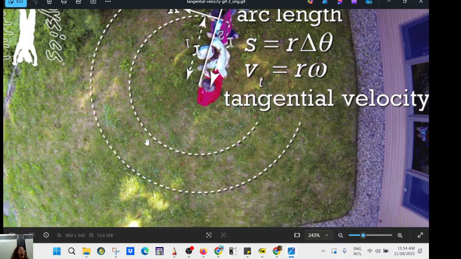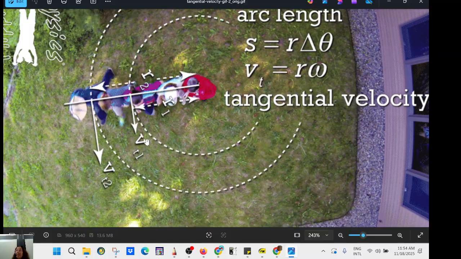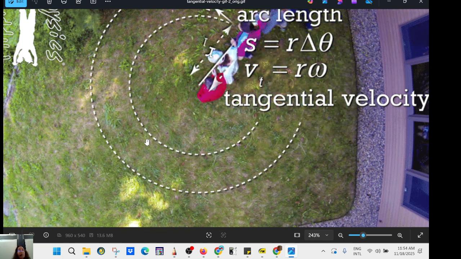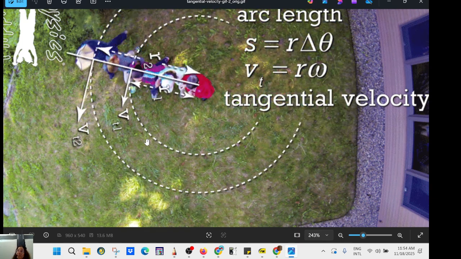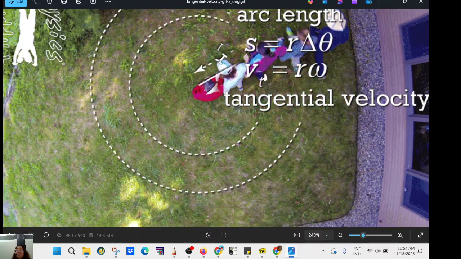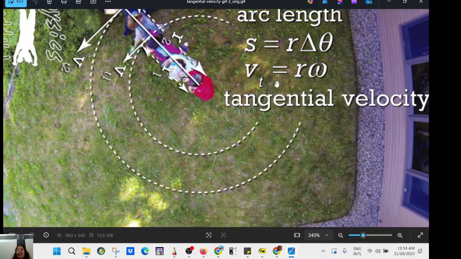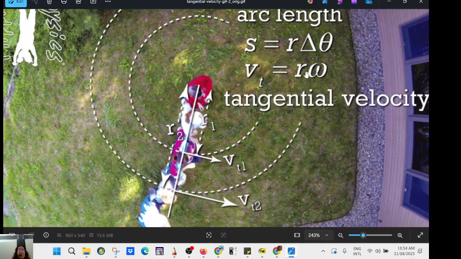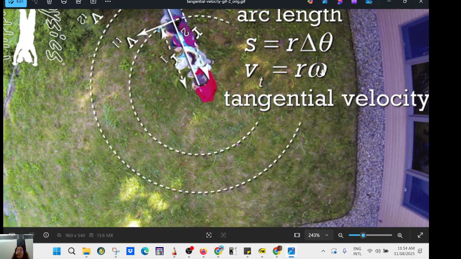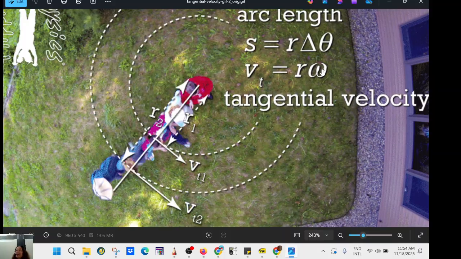No, because during the same time, the one at the edge is covering more distance. So the rate of spinning is the same, but not the linear speed. You have the equation here: linear speed equals radius times the rate of spin. So twice the radius, twice the speed.